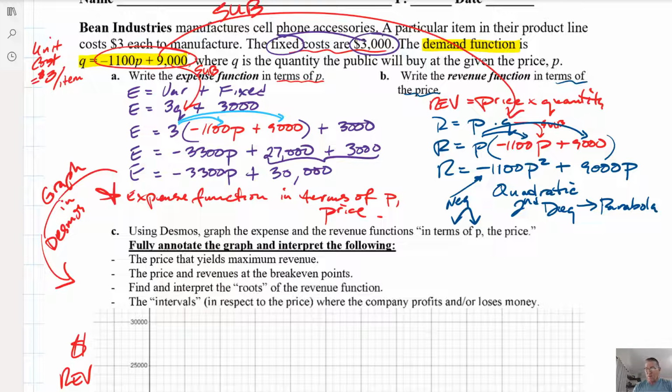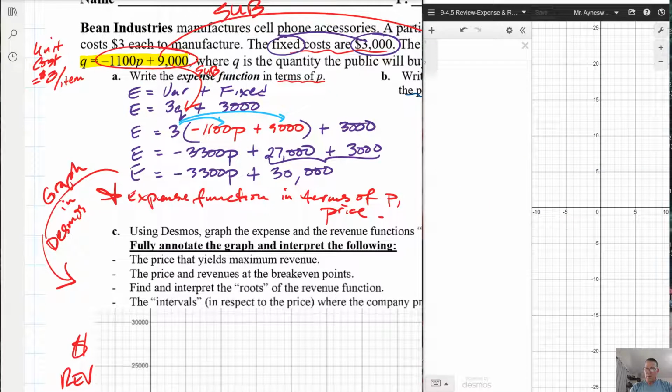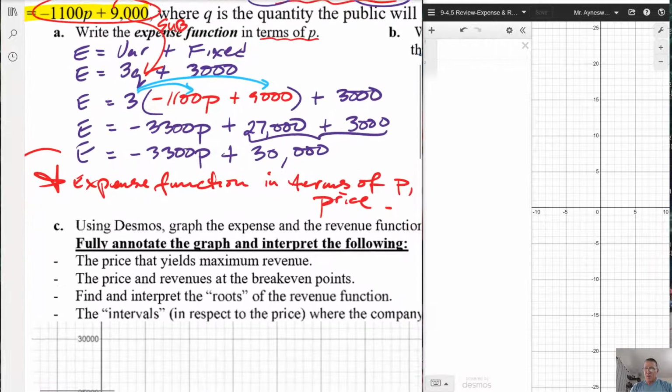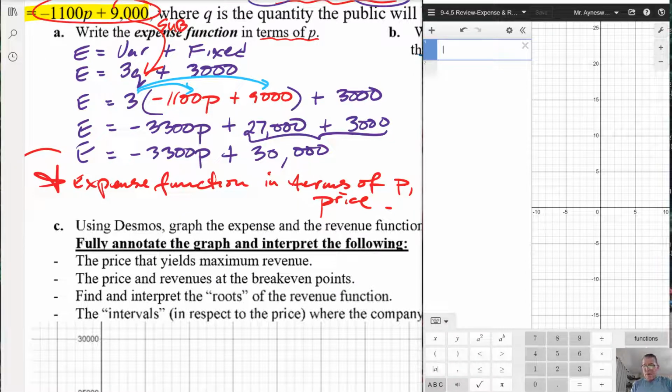Okay, so now that we have our two functions in terms of price, we are going to bring them into DESMOS here and graph these functions. So let's graph the first function. We're going to type it in terms of y and x. I'm going to do a little variable switch.